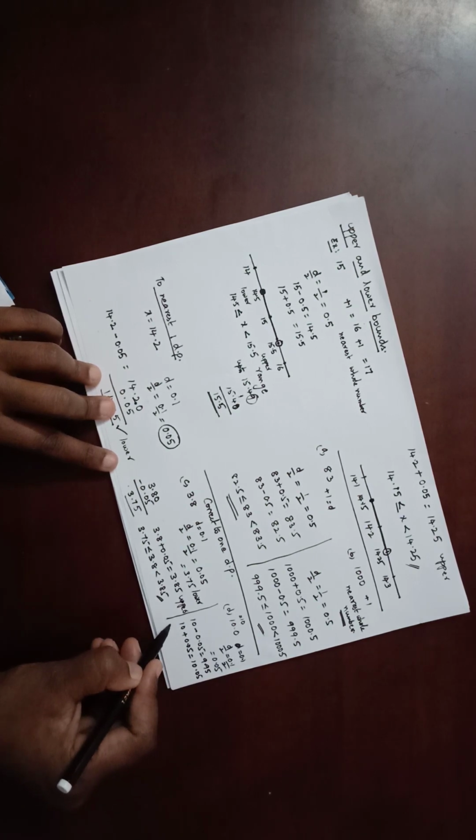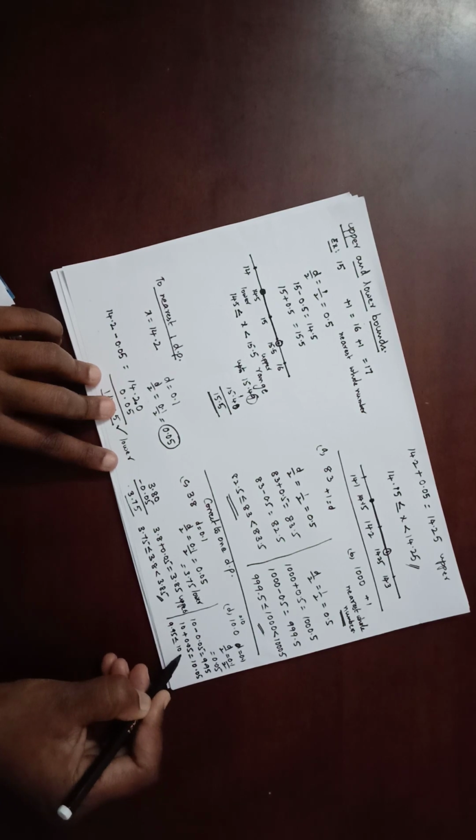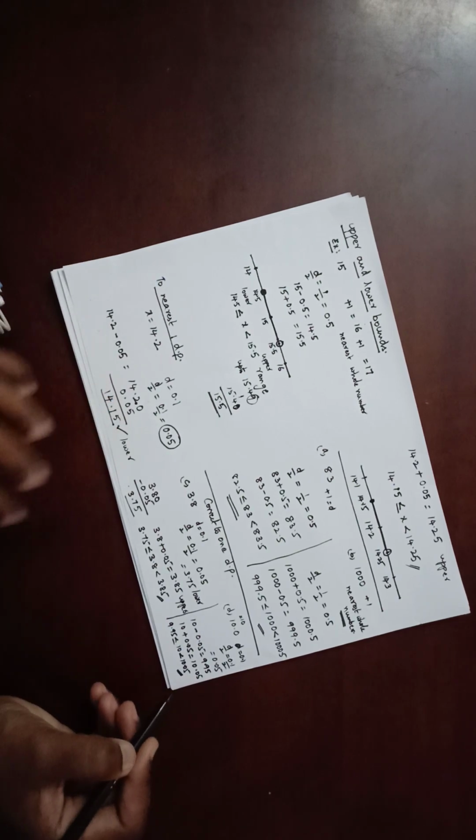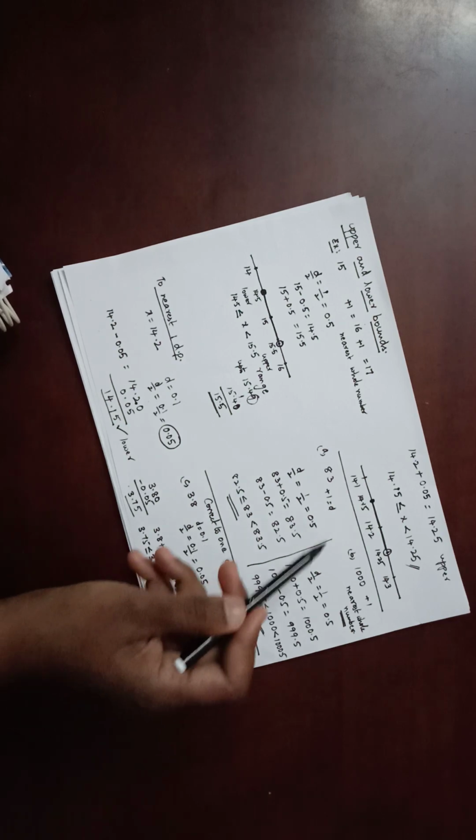So your range is 9.95 less than or equal to 10.0 less than 10.05. So this is 1 decimal point. Only on that point you should check.